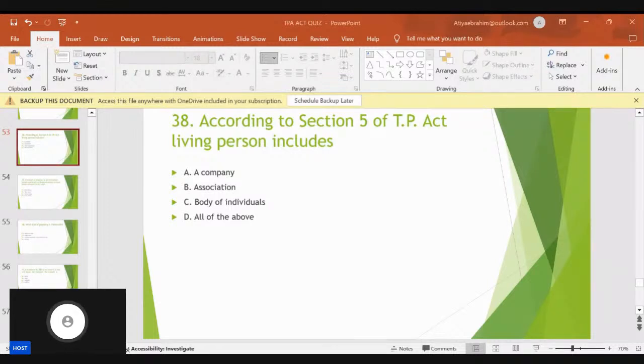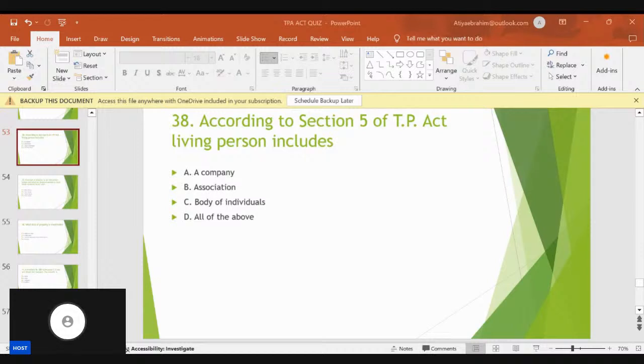Answer 5D. Very good. For 38, the answer is D, all of the above. So, according to section 5, a living person can include a company, association, body of individuals, all three. So, it is D.